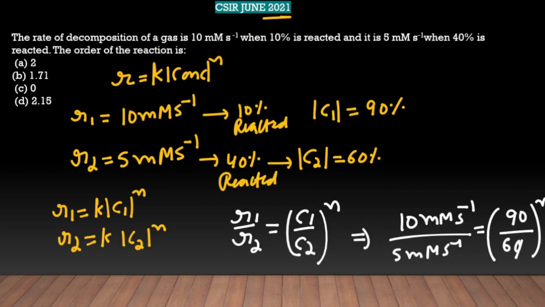So on solving, we get 3 by 2, and the units get cancelled out. This will become 2 equal to 1.5 raised to the power of n.